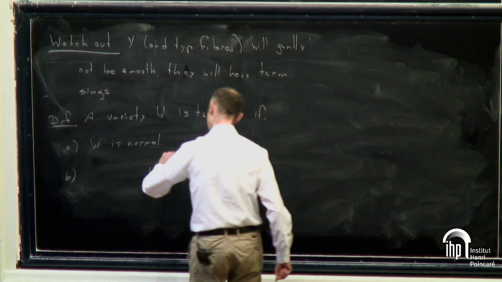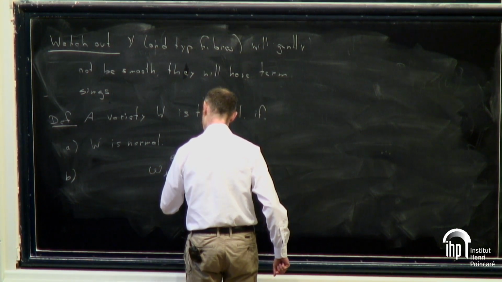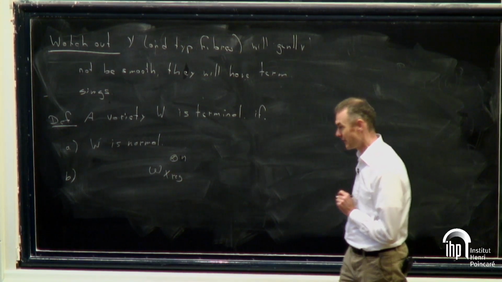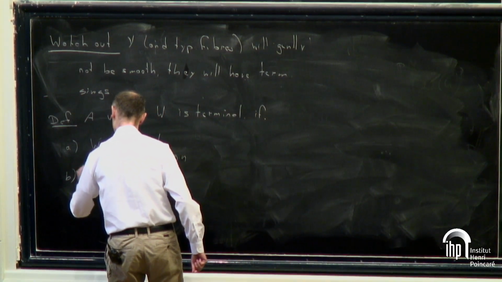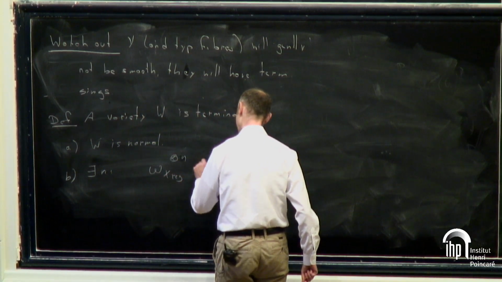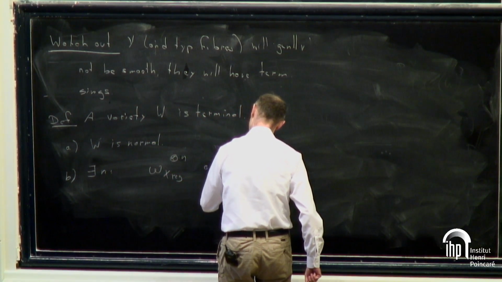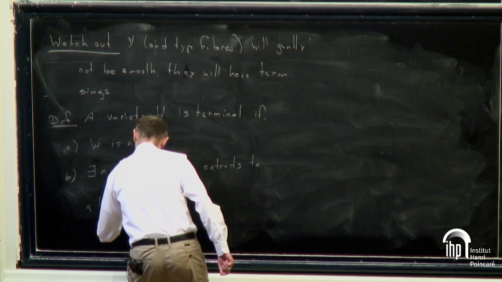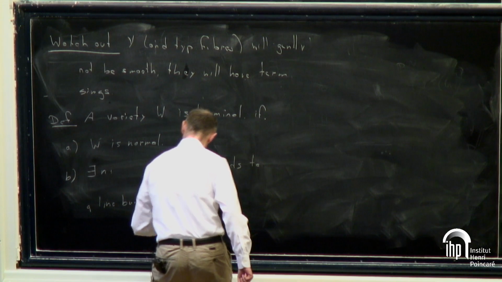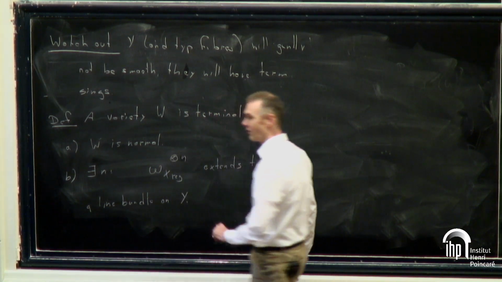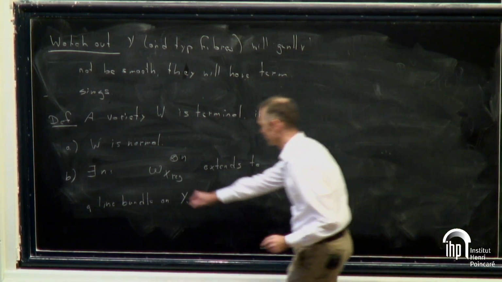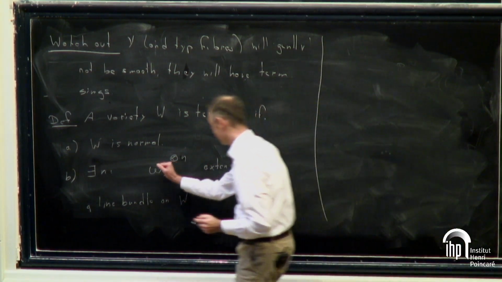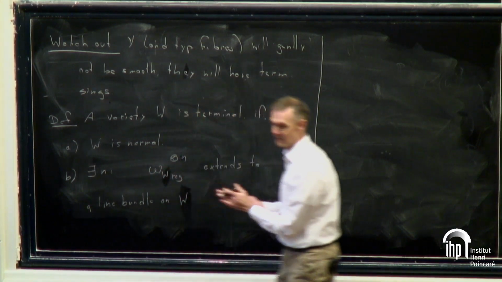And I claim that if I take this bundle to a certain power, there exists a power such that this extends to a line bundle on all of that space. And this is W now.